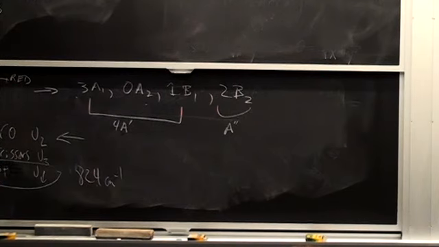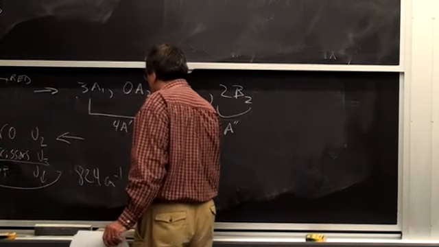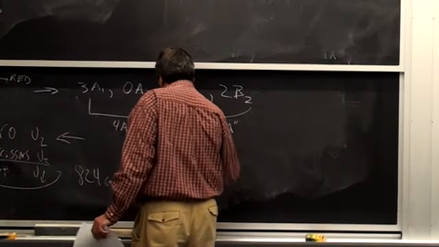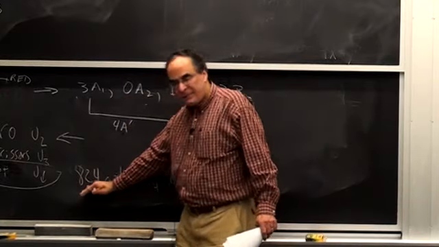But an antibond isn't going to cause a big decrease in anything else. An 824 is already alarmingly small. And the alarm bells should be going off saying, what is this 824? And then there's the question, is this nu 4 or 2 nu 4? I mean, this is already small.